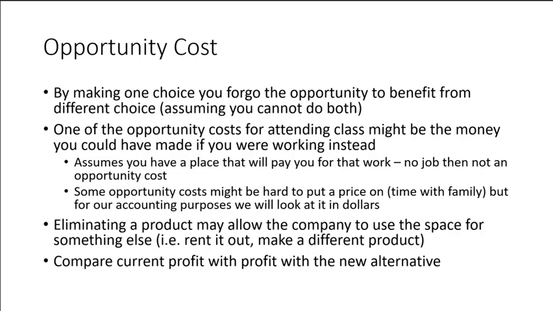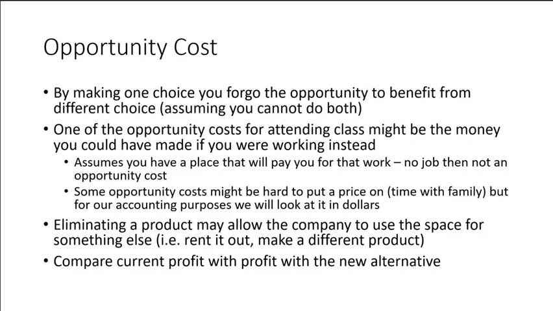But if you only have the people or the resources to make one or the other, then making one necessarily stops you from making the other. And so making the other that you have to stop to make the first product is an opportunity cost. So if you choose to make balls, the cost of making those balls is the profit you could have made making Frisbees.